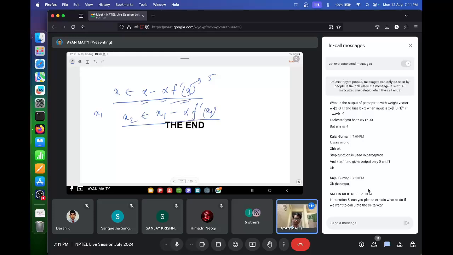You can go through that. First you compute the gradient with respect to W3, and then you use that to compute the gradient with respect to W2 using backpropagation. I don't think there is any question regarding delta W3 in the third assignment also, because it would take a lot of time to compute.